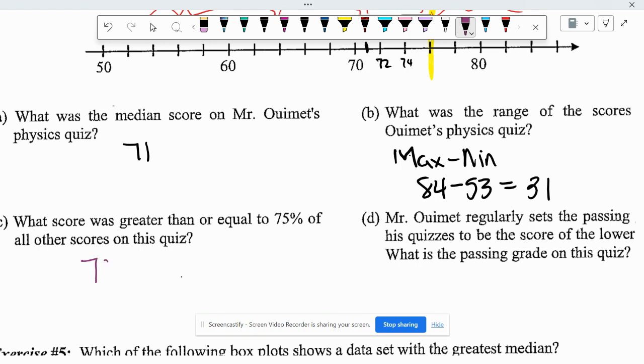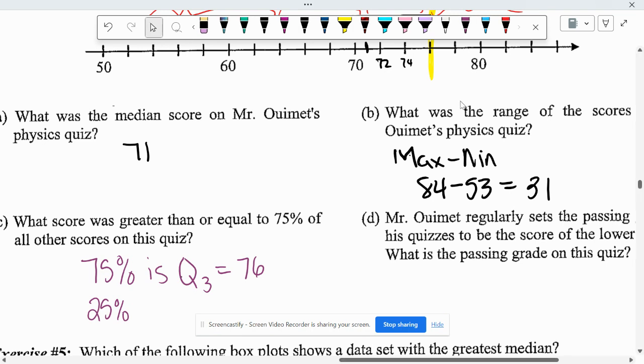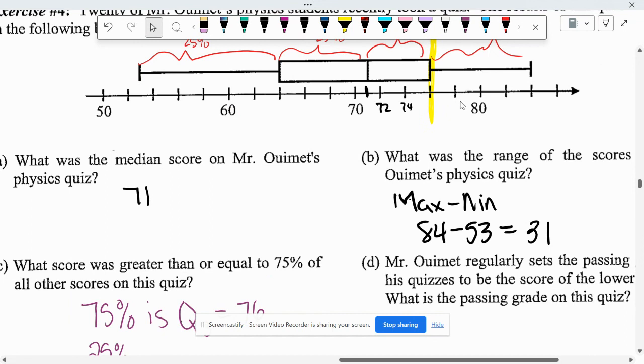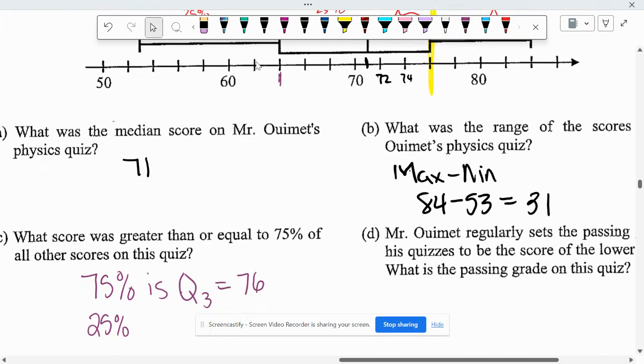So 75% is the Q3, which is what? 76. Okay. So what would 25% be? I know it's not asking that, but what would 25% be? What's the first 25 stop at? What number is this? Say it, Cheyenne.